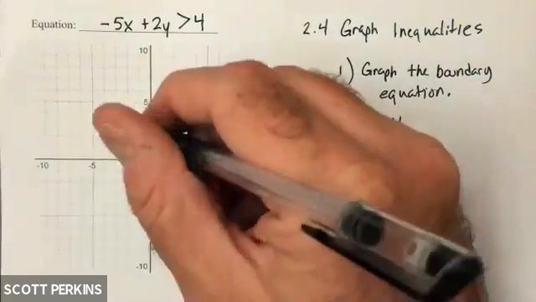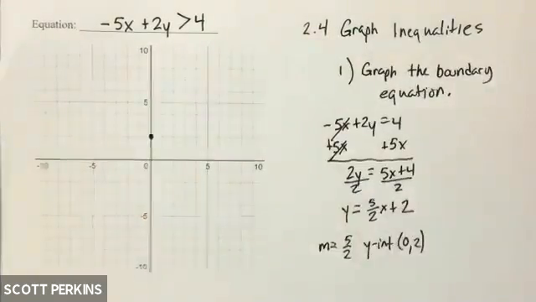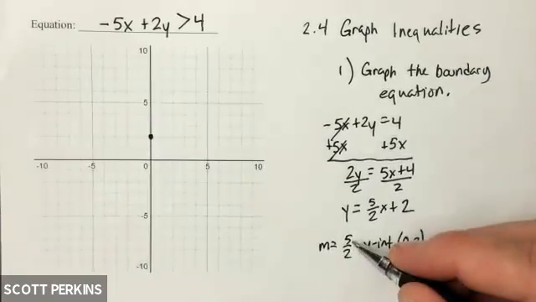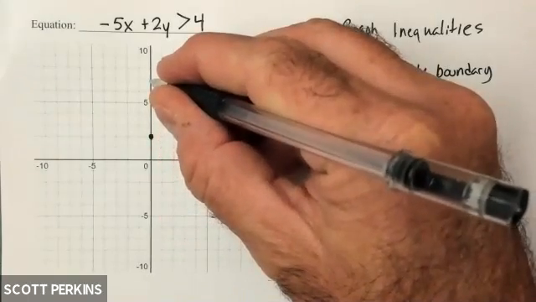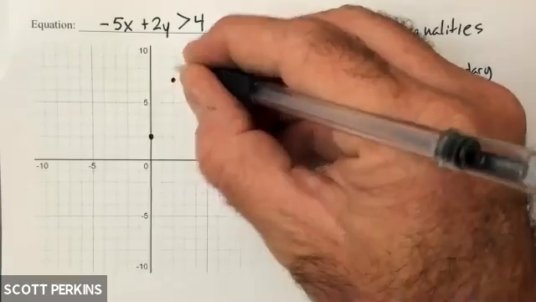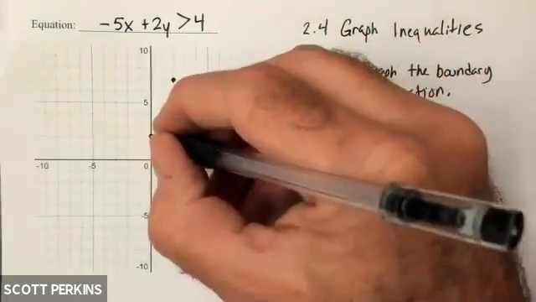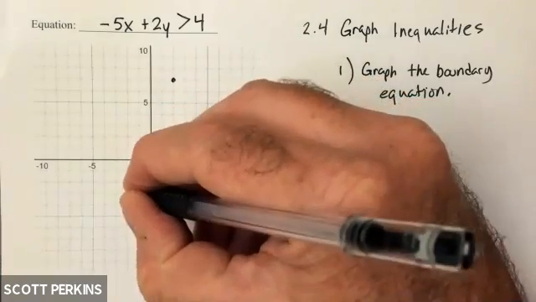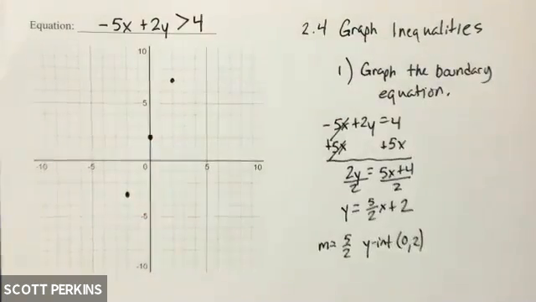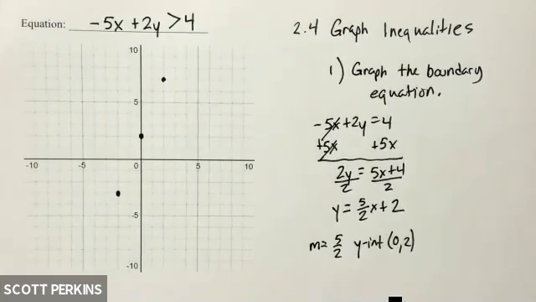My y-intercept is (0, 2). My slope is 5 over 2. That's 5 in the y, 2 in the x. So 1, 2, 3, 4, 5 in the y, 2 in the x. I don't really have enough room to go up again, so I'm going to go down 5 and left 2. I'm not connecting the dots because that's step 2.